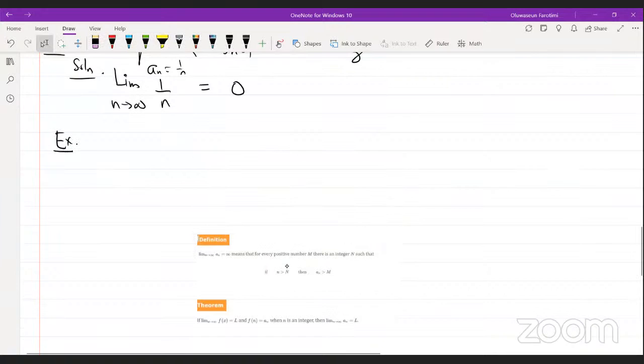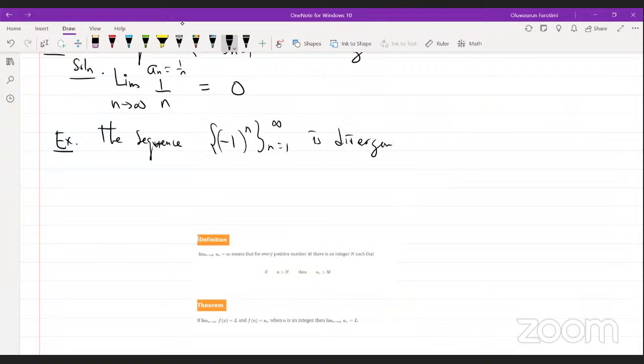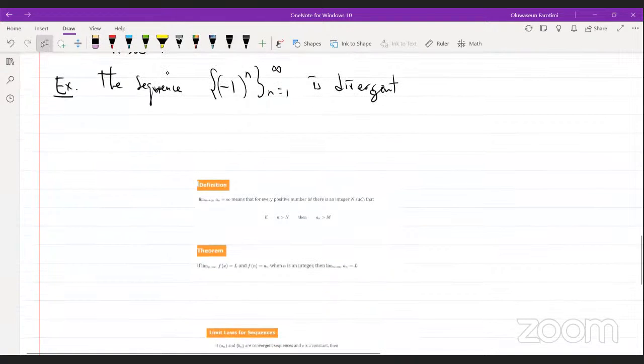So another example, the sequence, got a mistake right here. This sequence is divergent. Now, what does it mean if the sequence diverges? That means the limit of that sequence does not exist. Okay, so solution, limit as n goes large.